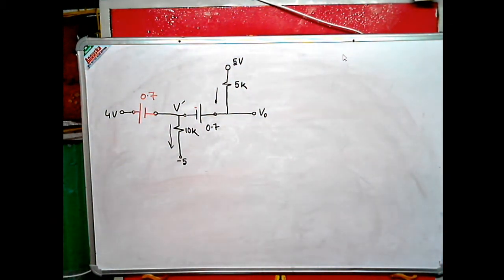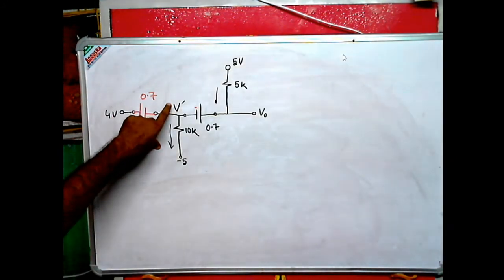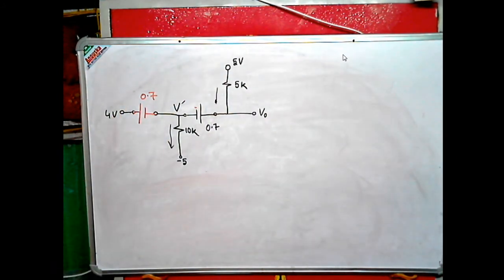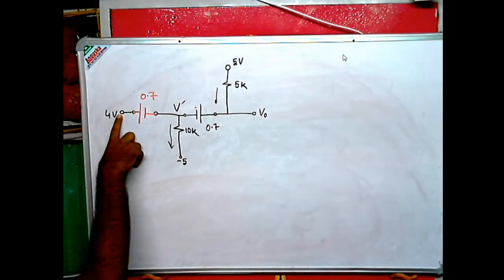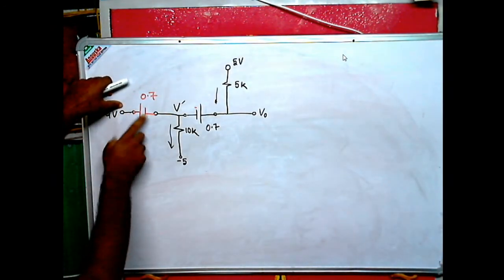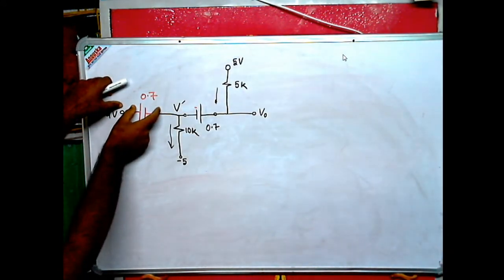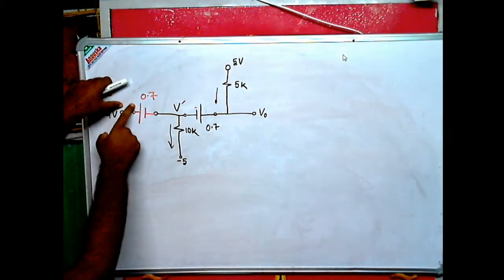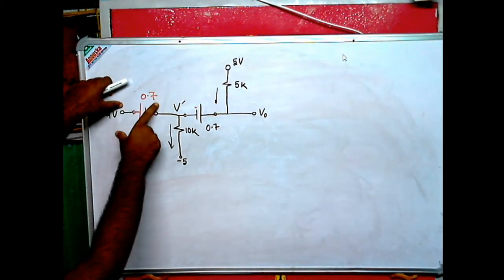You can easily find this particular voltage now. The potential over here is 5 volt, and here it is minus 0.7 volt, because plus is over here, minus is over here.